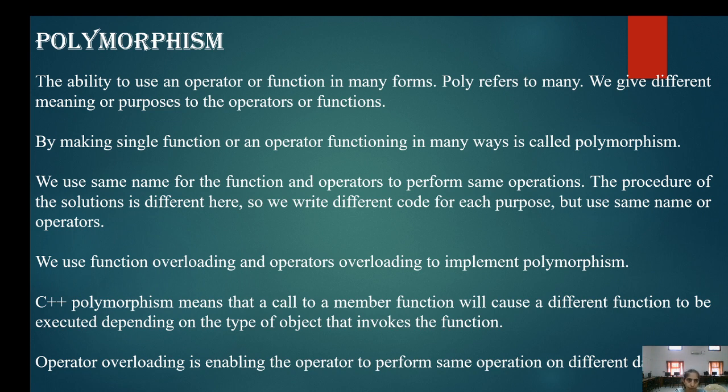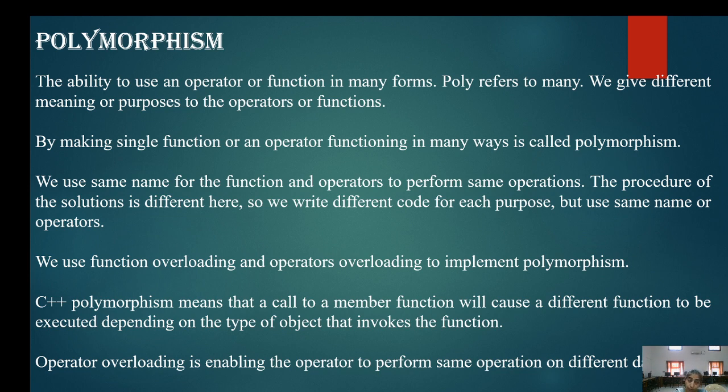So a single operation plus is used to operate on two different types of data, and that is inbuilt in the compiler. But here in C++ we can extend this feature, and a programmer or user can define the capabilities of operators themselves. These capabilities are additional to the already defined functions of the operators.